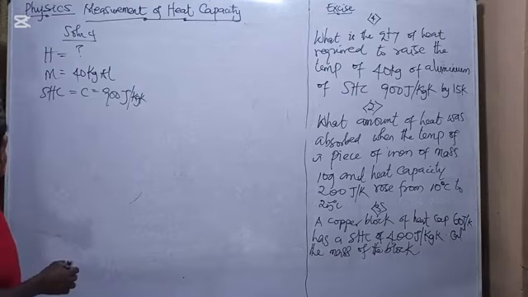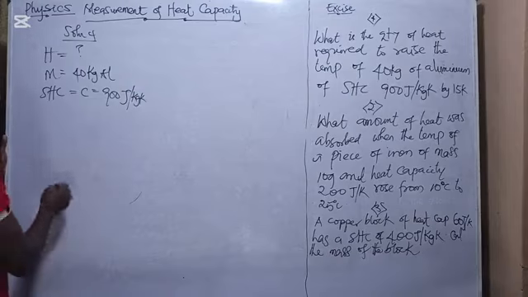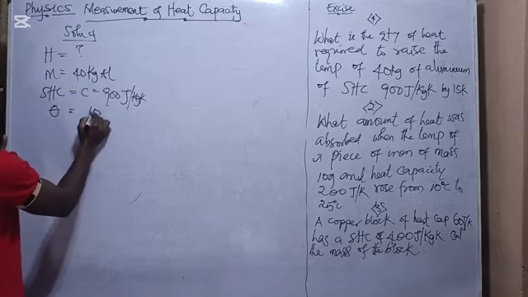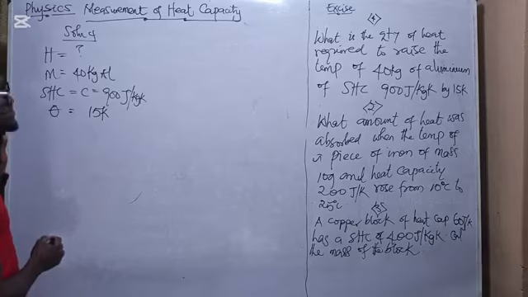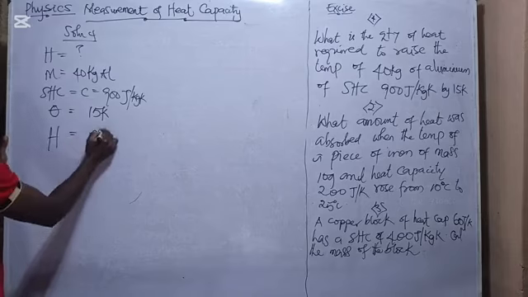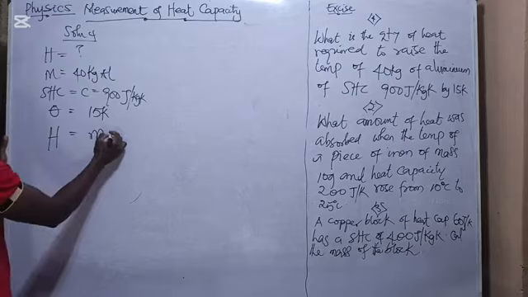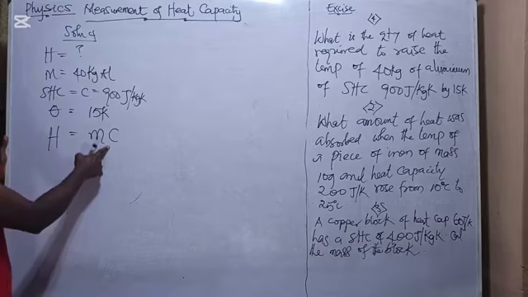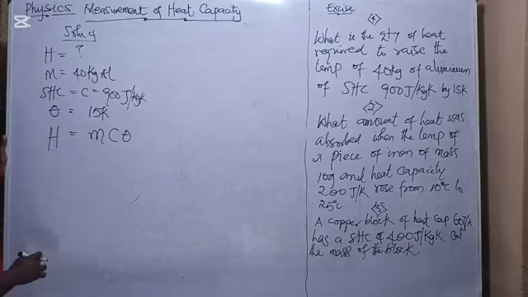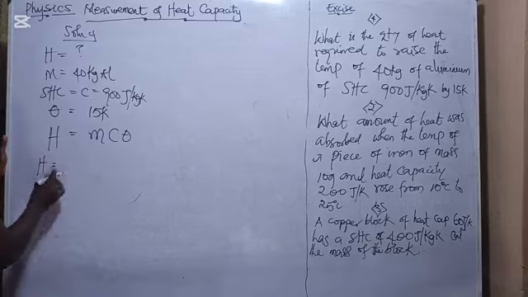By 15 Kelvin, that's the temperature change. So the temperature change is 15 Kelvin. So from the formula, we have the quantity of heat given as the mass, the specific heat capacity, the temperature rise. So here we have to do the substitution.